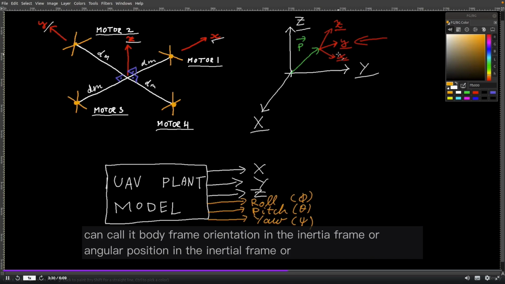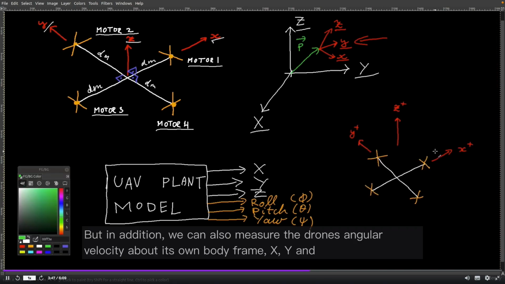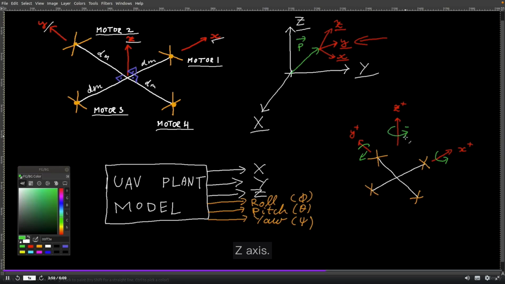You can call it body frame orientation, or angular position in the inertial frame, or the drone's attitude in the inertial frame. Different terminology, but the same meaning. In addition, we can also measure the drone's angular velocities about its own body frame x, y, and z axis.